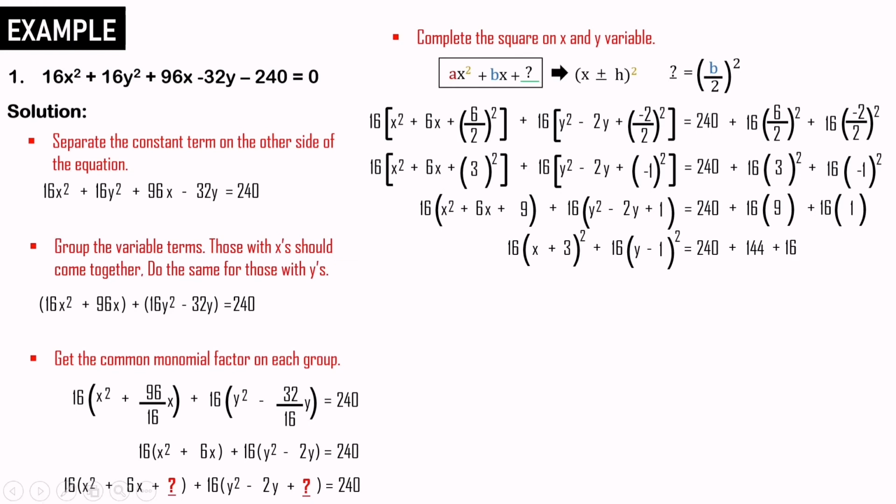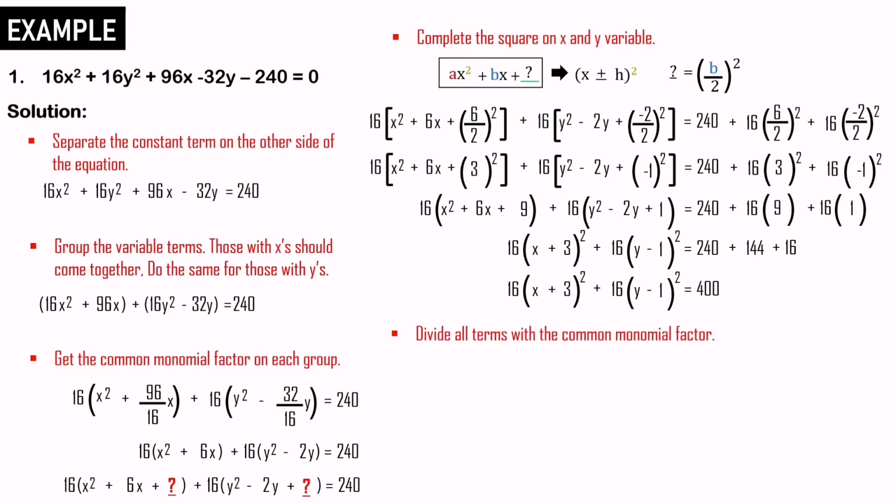So we have this equation again equal to pila ni siya 240 plus 144 plus 16. That's 400. Okay. Then we divide all terms with a common monomial factor. So, unsa ganito ilang common monomial factor ang kaning 16, no?